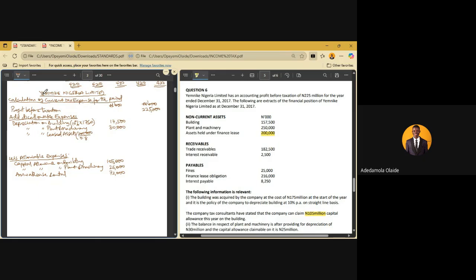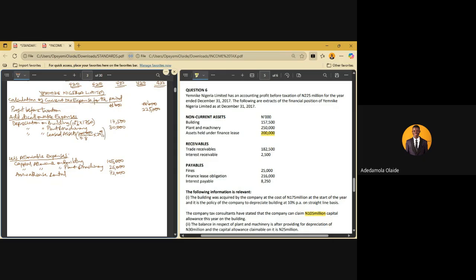So we want to know the amount of depreciation they charged. We take it back to 100% by dividing by 0.8, which is the percentage that is remaining. Then if we multiply it by 20%, it gives us the depreciation they charged.